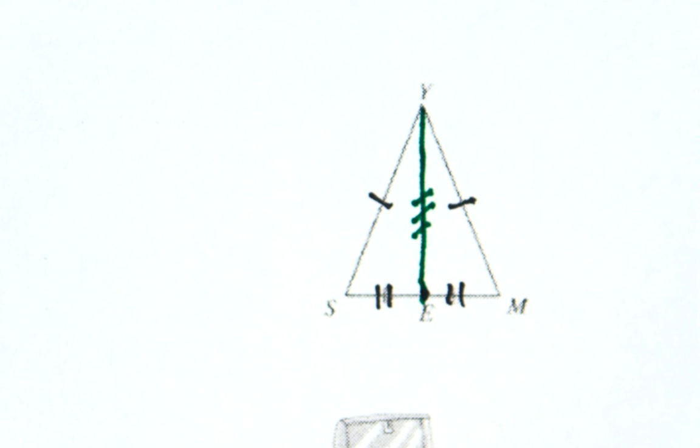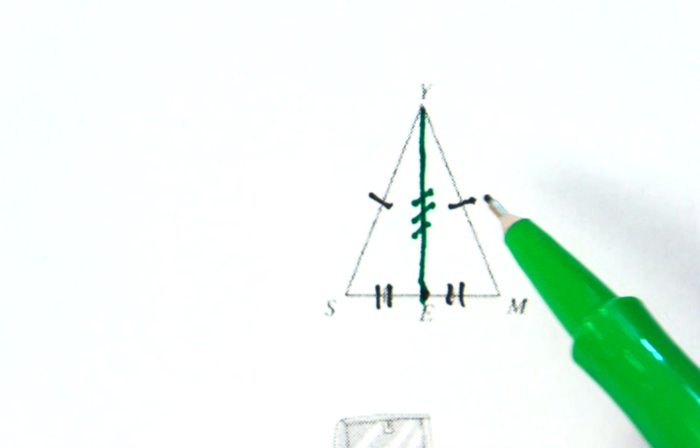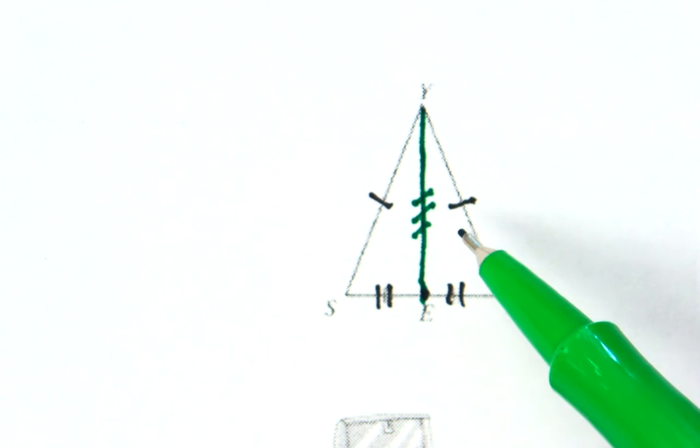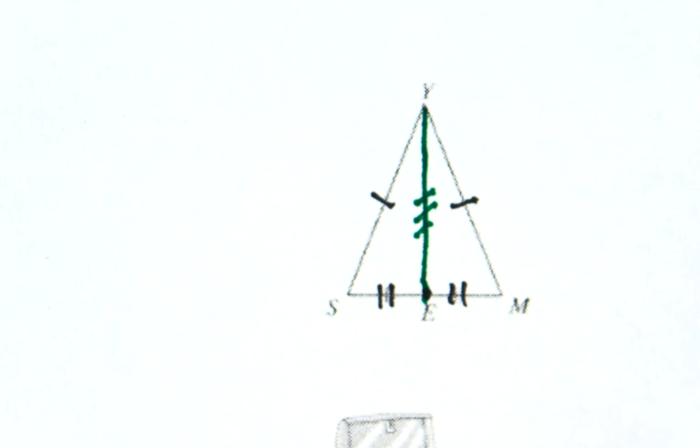So now you have two triangles, and you have side angle side, side angle side, and that is enough to prove that these two parts are equal.